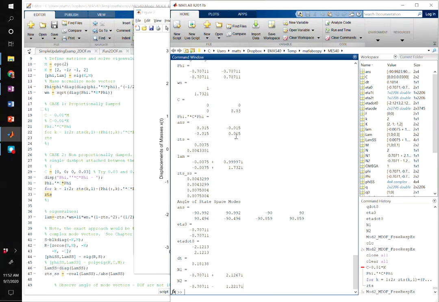So you wonder how good it would be to use the light damping approximation on this system. If we calculate the damping ratios, though, and we just ignore the off diagonals, we get these two values. And notice the ordering is different again, but to a few significant figures, we get the exact same damping ratios of the state space system.